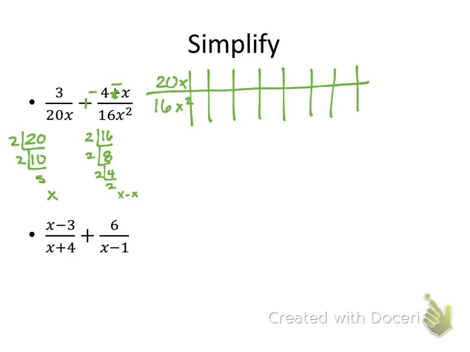I'm going to plug in my numbers, and I have 2, 2, 5, and x. And then I've got 2, 2, 2, and 2, x, and x.